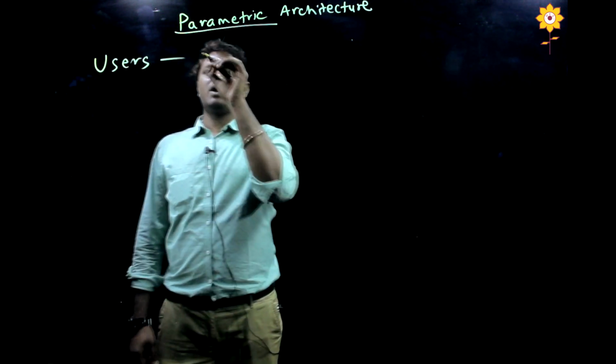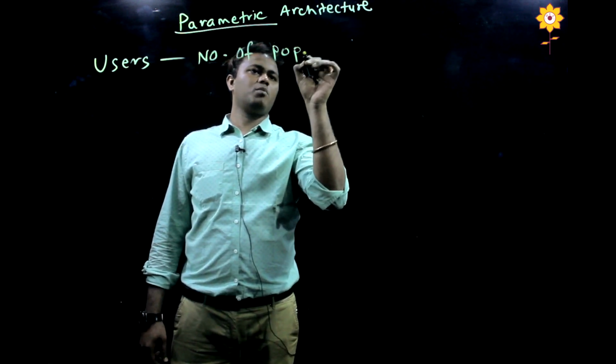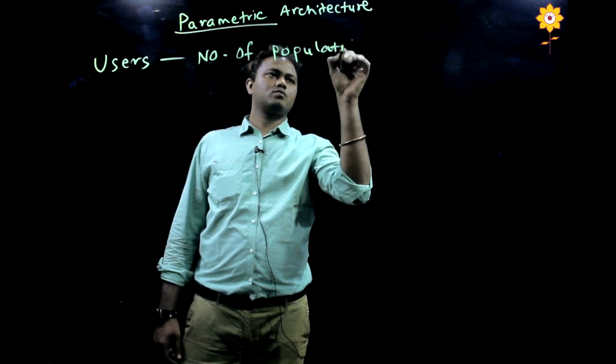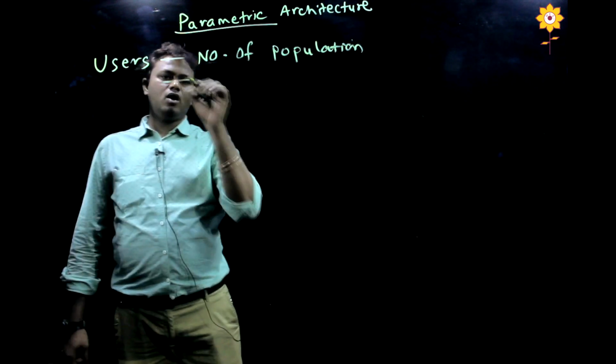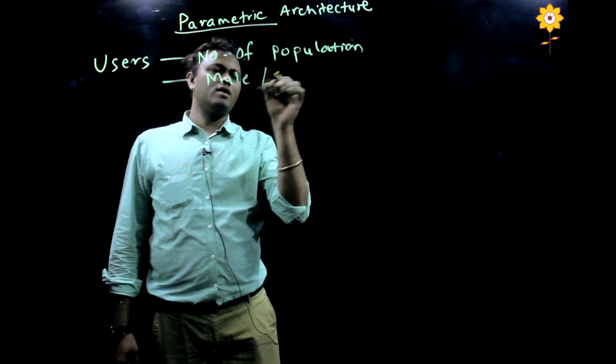In user, first we have to see the number of population, or number of people. Then in the users, we have to say whether it's male or female.